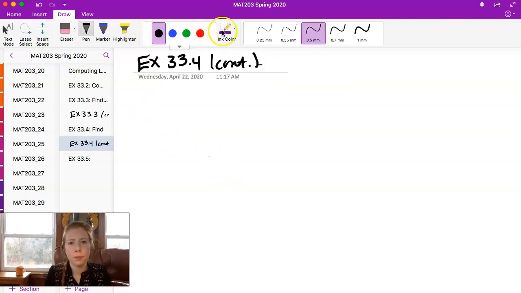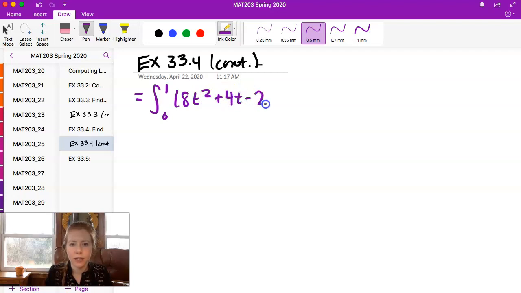So, keep going. We're going to have the integral from 0 to 1 of (negative 8t squared plus 12t minus 2) dt. And this is pretty straightforward from this point to integrate.